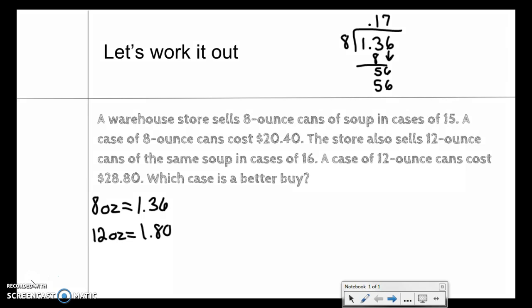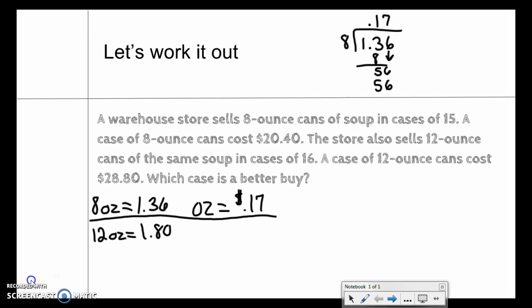Okay, which lets us know that each ounce, well, let's actually rewrite that. Each ounce is 17 cents. Well, we used $17, sorry. Well, there we go. 17 cents. Okay?